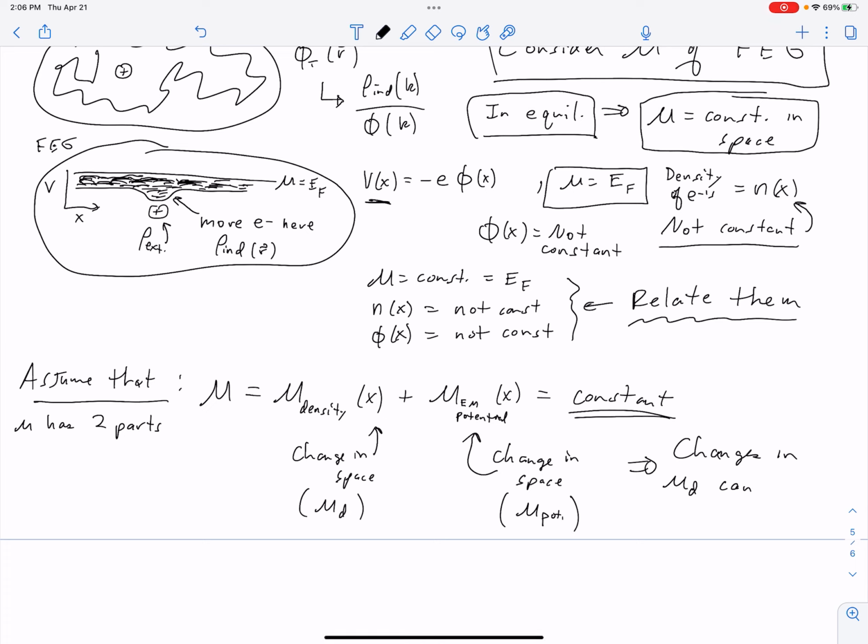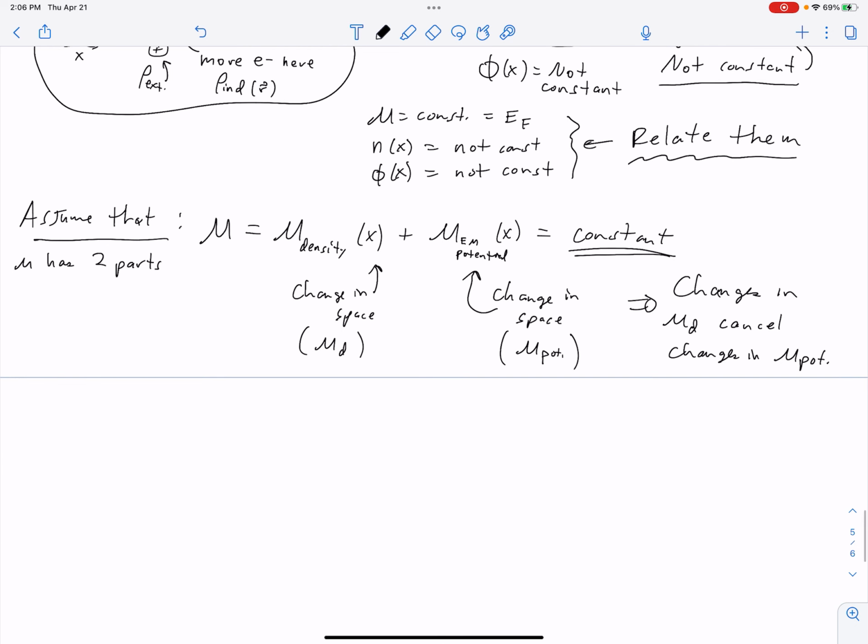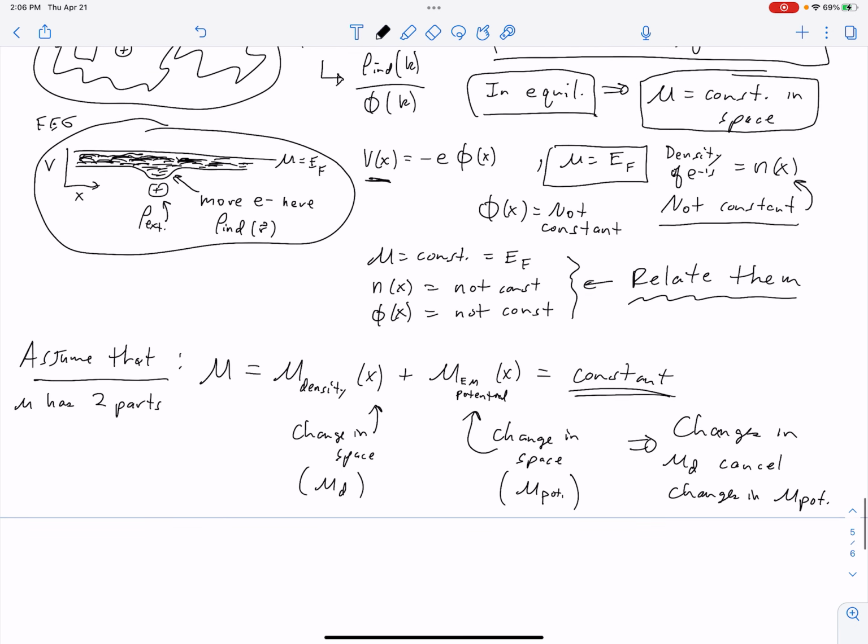Changes in the density part of the chemical potential cancel changes in the potential part of the chemical potential. Okay, that kind of makes sense, and that's what this picture is saying above for the charge.